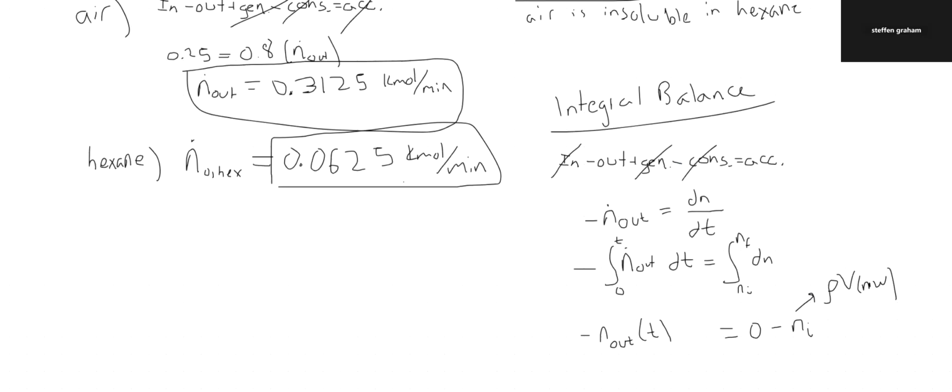So we can write this as 0.0625 kilomoles per minute times some amount of time that we're solving for. And that's going to be equal to what we're trying to remove, 50 meters cubed. I'll write the units on this side because we're going to have to do some conversions.